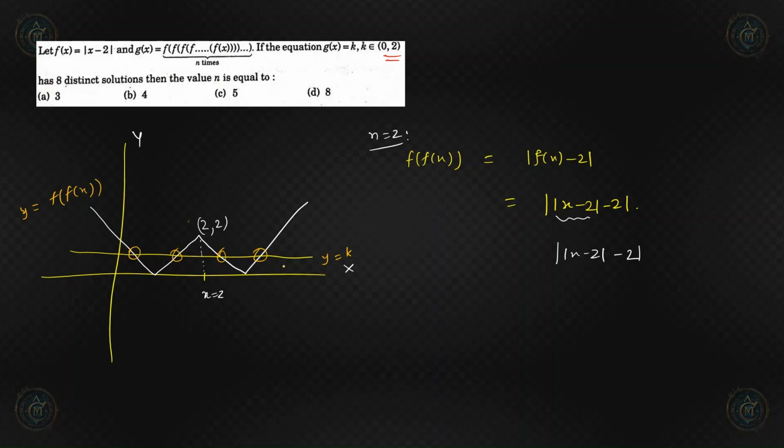Similarly, if we try to plot n equal to 3, n equal to 4, n equal to 5, and so on, we can see a pattern.